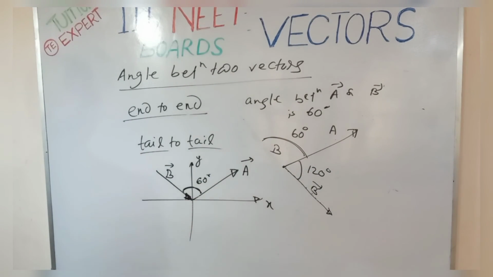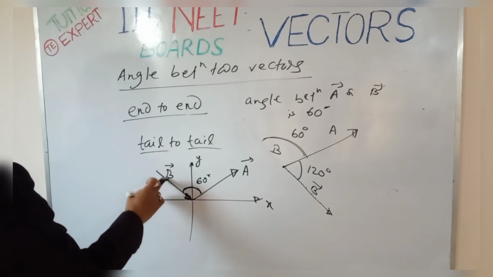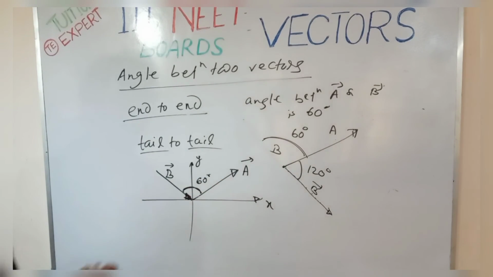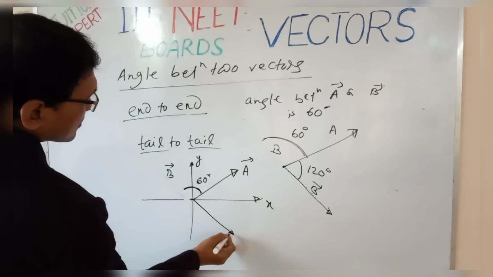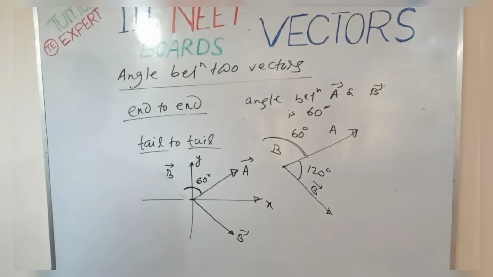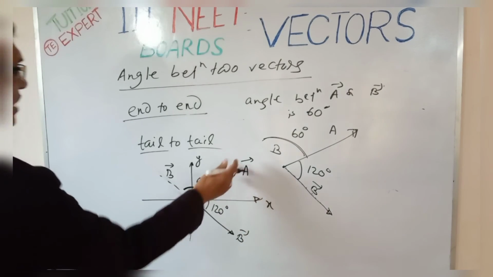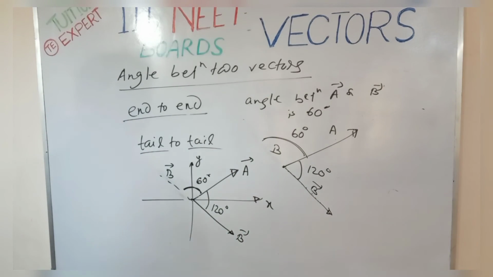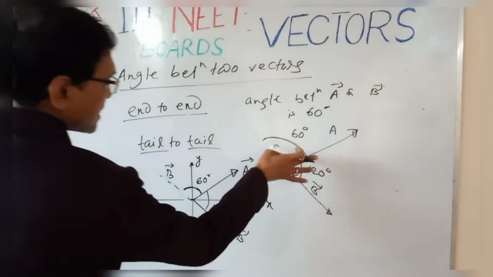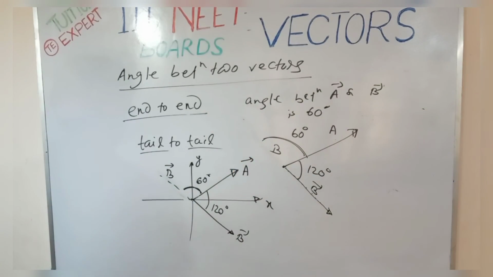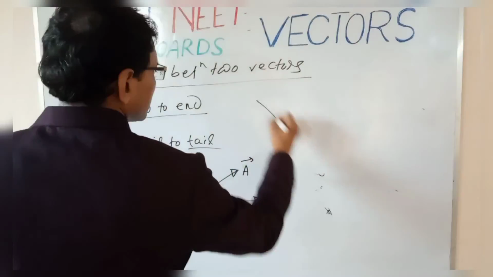What is the angle between a and b here? Here the initial point is this and the terminal point is this. So we must shift b. So this is 60 degrees, now this angle is 120 degrees. Now the angle between a and b will be 120 degrees. So the initial point must be the same to determine the angle between two vectors, or the terminal point also the same.